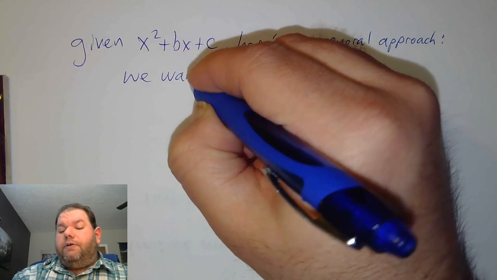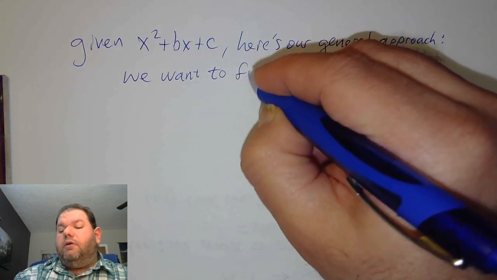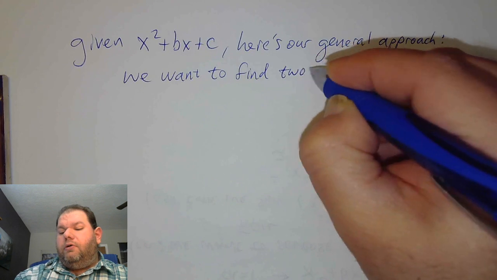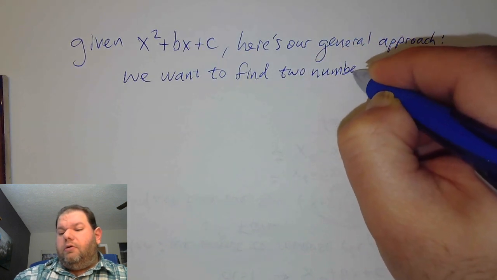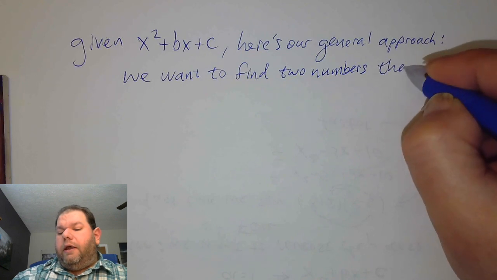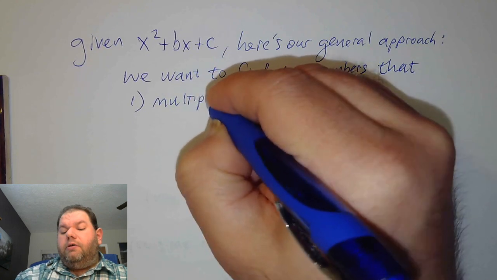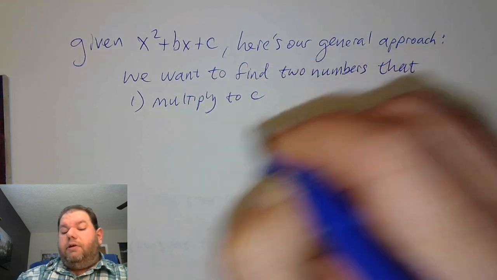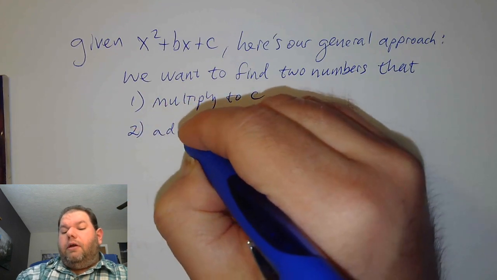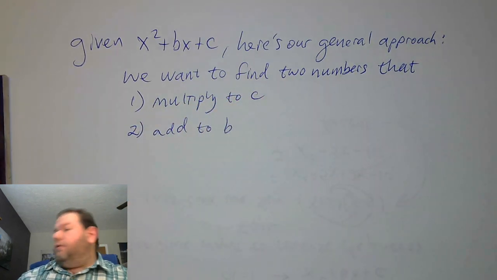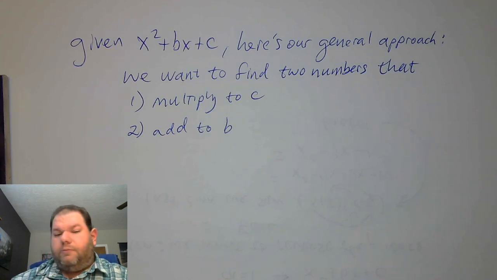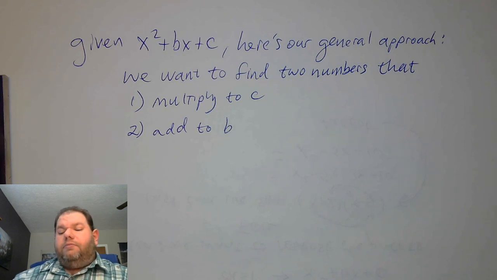We want to find two numbers that, one, multiply to c, and two, add up to b. Okay? And I'll make sure I write that down each time. That way we can see what exactly we're looking at and what exactly we're trying to do.